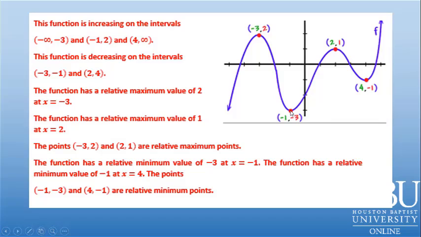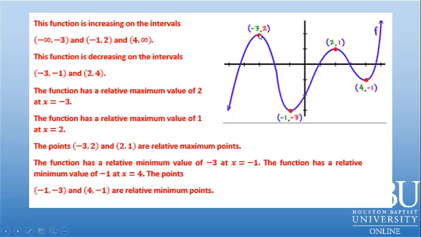Here, you can again tell that negative 3 is not the absolute minimum value of this function, because over here on the extreme left, the function goes down toward minus infinity, but negative 3 is the smallest y coordinate of any point in an open interval around this relative minimum point.